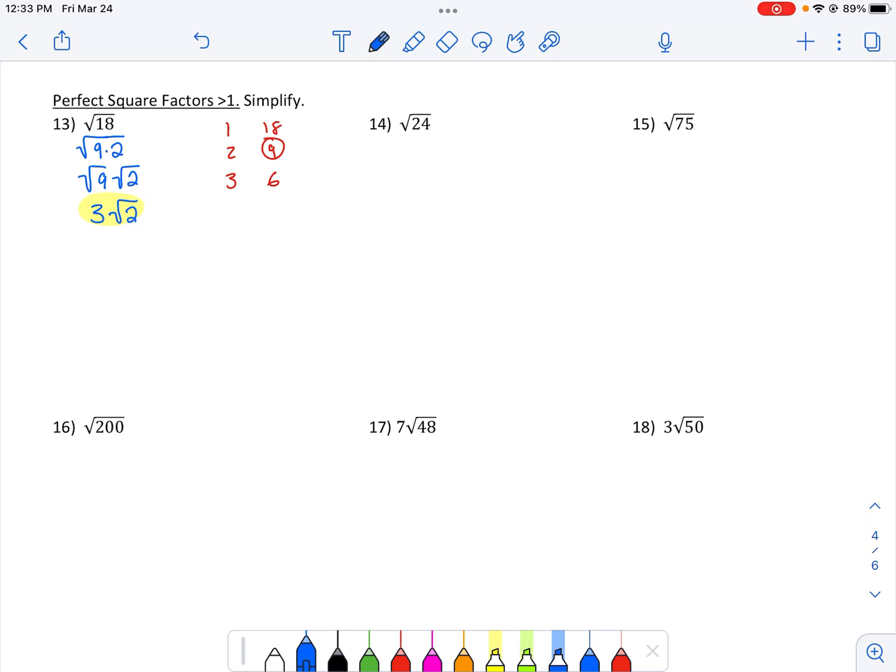Some other strategies that you wouldn't necessarily need with a problem this small, but I will show you, would be to make a factor tree. So I could split this into 9 and 2, 3 and 3. My prime factors then are 3, 3, and 2. So my square root is the square root of 3 times 3 times 2.